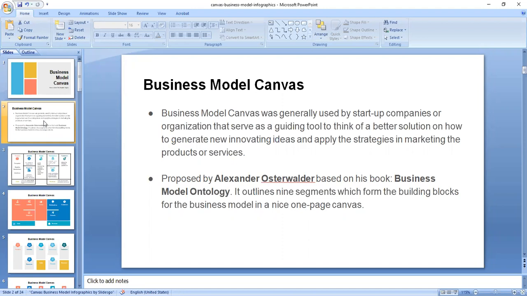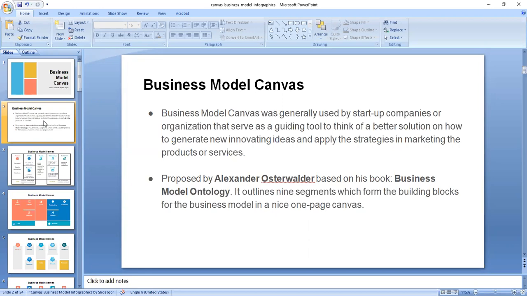So it's a canvas where everything that pertains to the business could be seen at just one glance. Everything is there already, from the things needed in the initial stage of the business up to the end, and for it to be a continuing process. So in just one page, everything is there already.